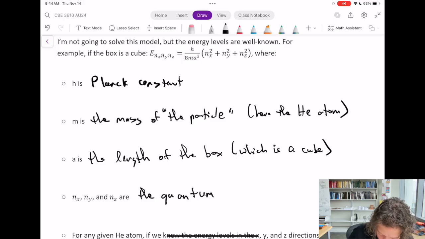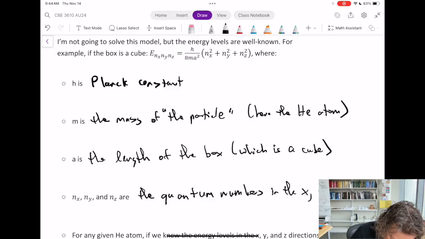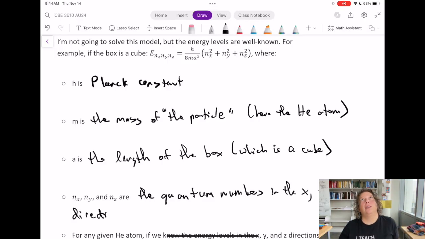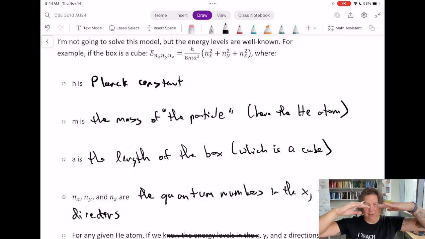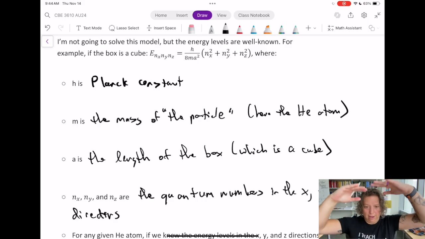The n's, for x, y, and z, are quantum numbers in the x, y, z directions. So each helium atom is going to have a translational energy and wave function in all three directions, x, y, and z, and then it's going to have a quantum number associated with that. The quantum numbers for the translational energy levels tell you that my energy levels are discretized, which one am I in.